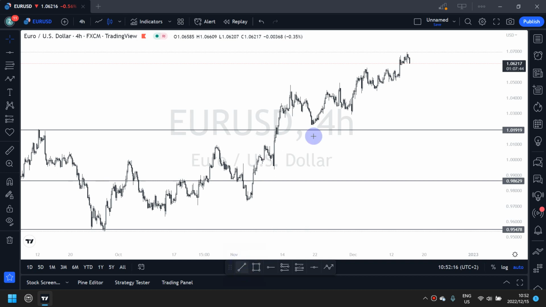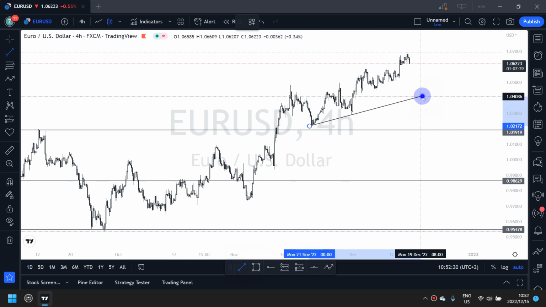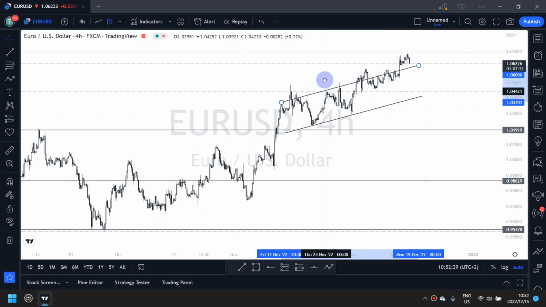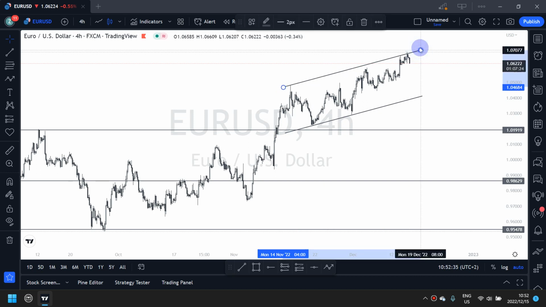I'm seeing that the Euro USD is in some sort of a buy, right? And if I clone that and cater for a supporting trend line, you would see that this is actually what Euro USD is doing, right?